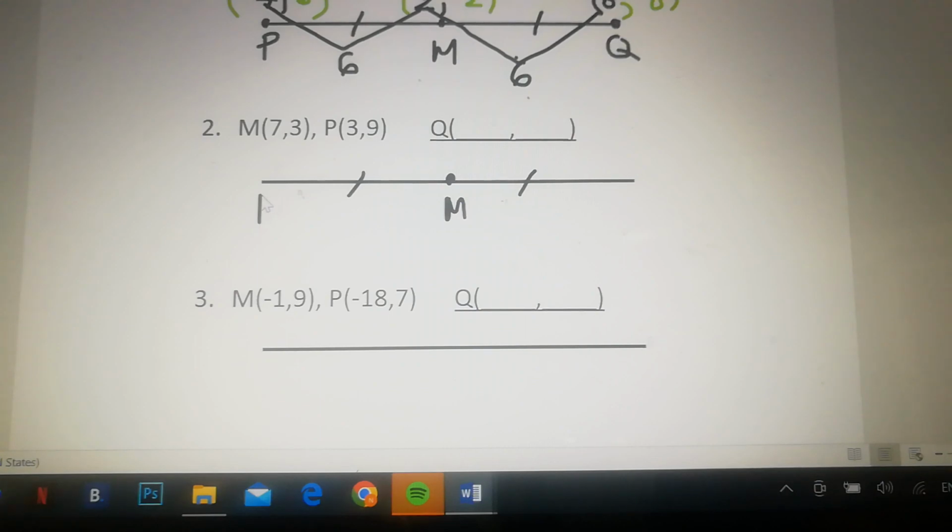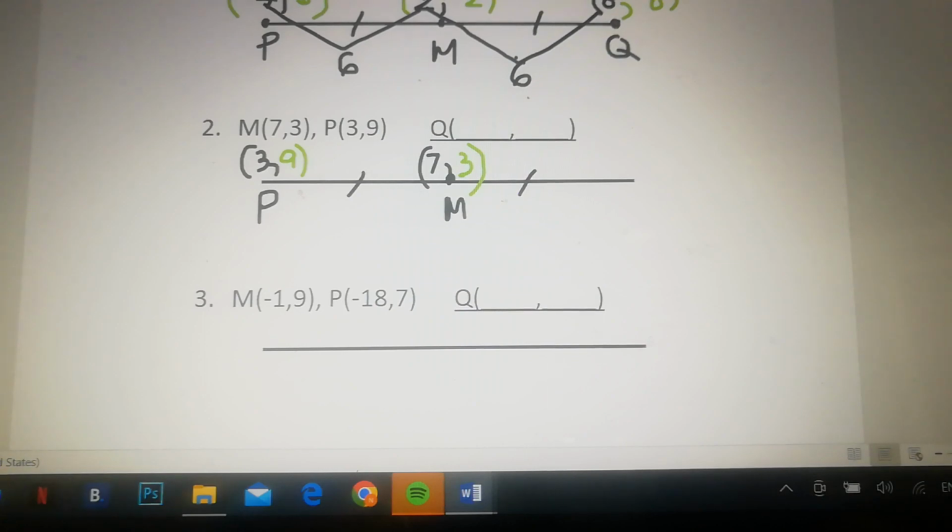P is equal to 3, 9. Then the coordinate of M is at 7, 3.